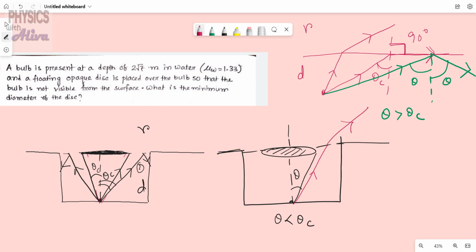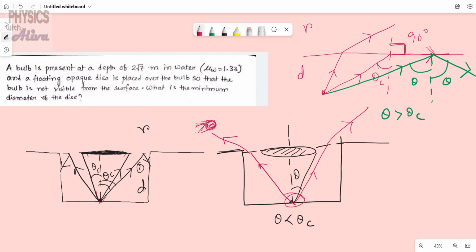Then the ray will refract to the rarer medium, and if we put our eye in that medium, we can see the bulb here.